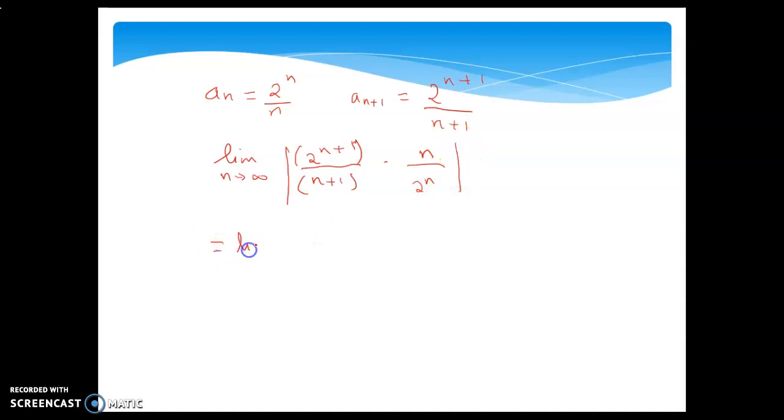And then we say limit as n goes to infinity of 2 times 2 raised to the power of n over n plus 1 times 2 raised to the power of n.